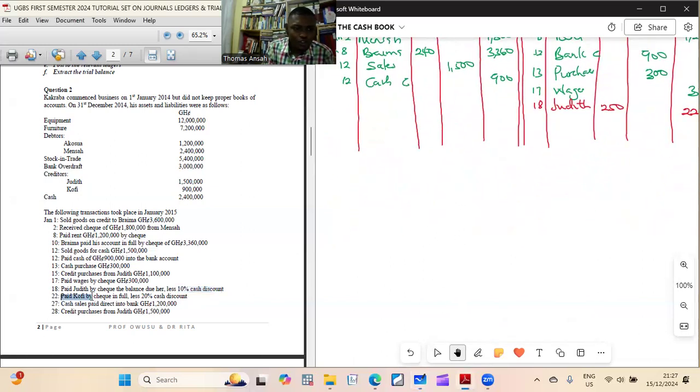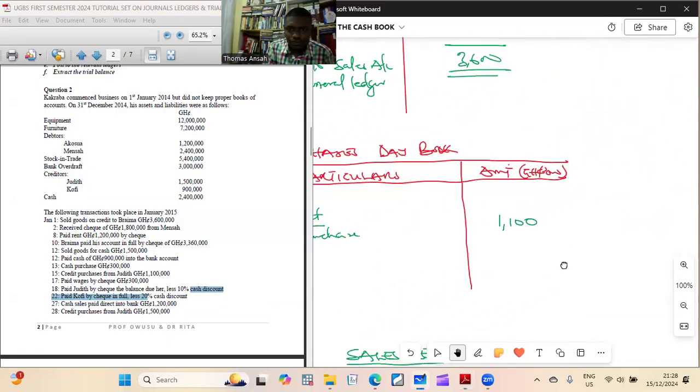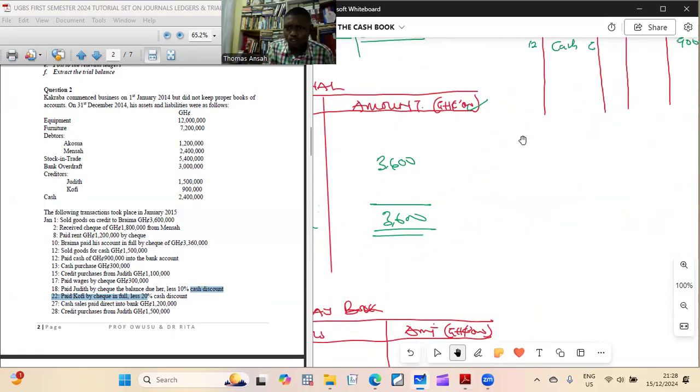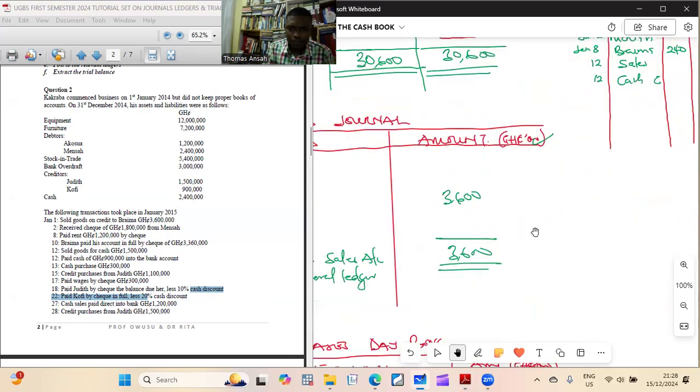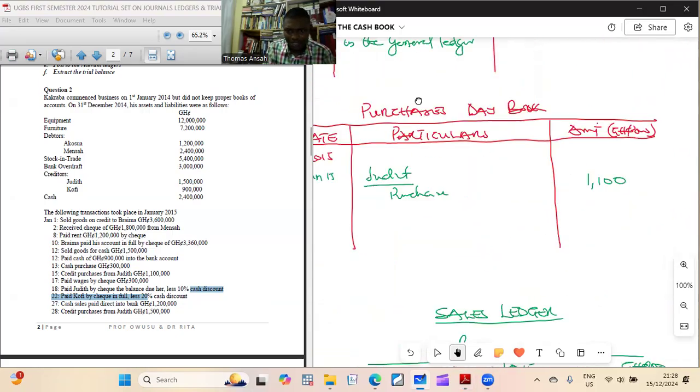Now, we also have here Kofi paid by check in full, less 20% cash discount. How much are we owing Kofi as at 22nd? So that thing you did, you have to go to Judith's account and pay her everything as at that time. Okay.